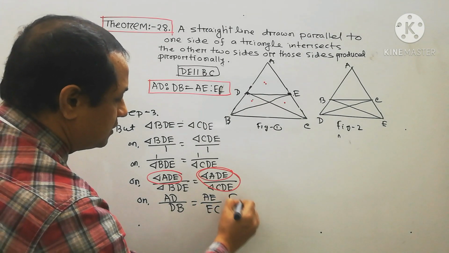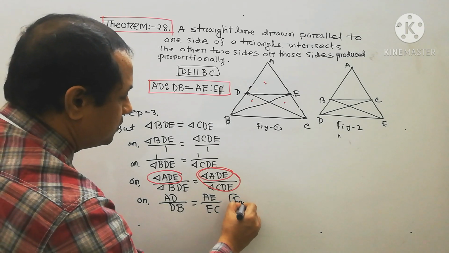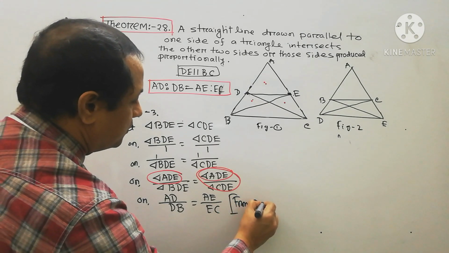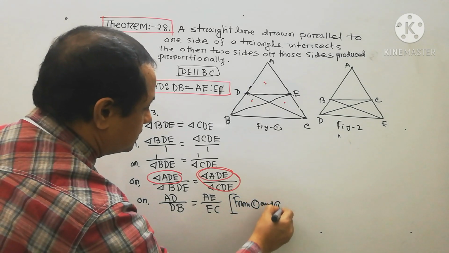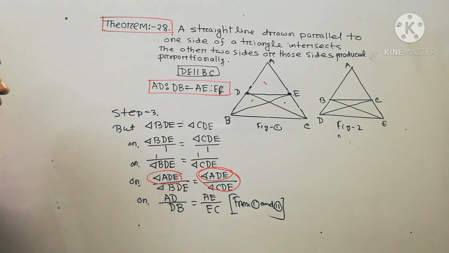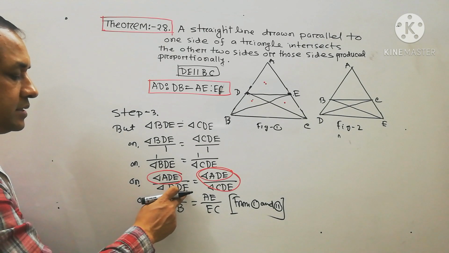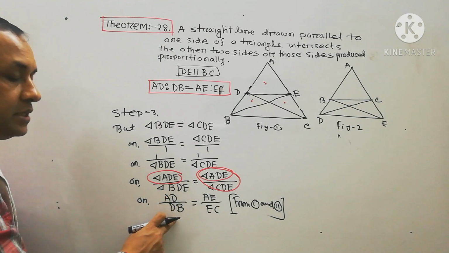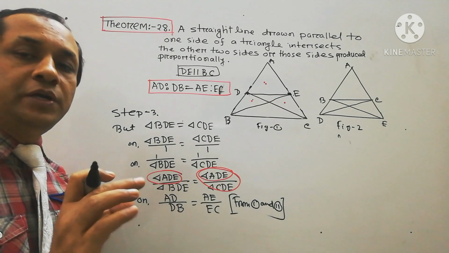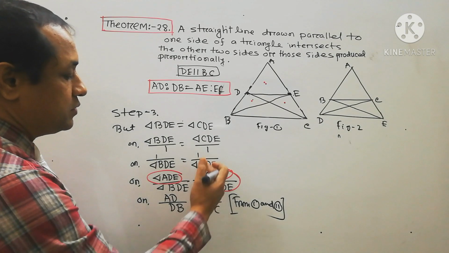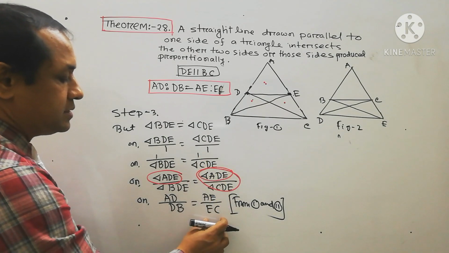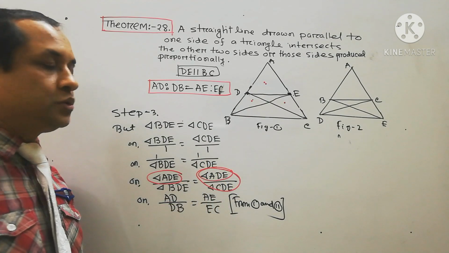So students, the left side is AD by DB from equation 1, and the right side is AE by EC from equation 2.